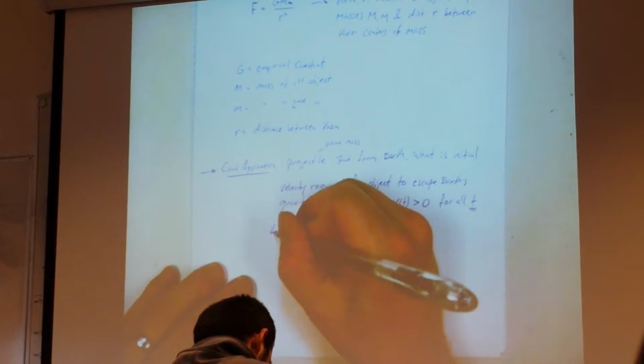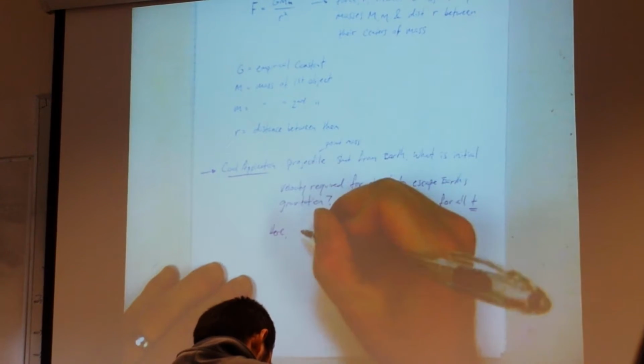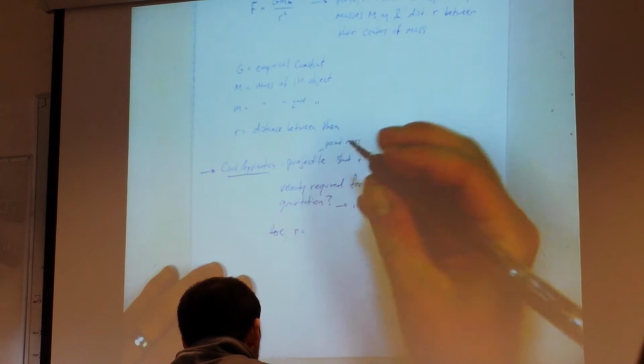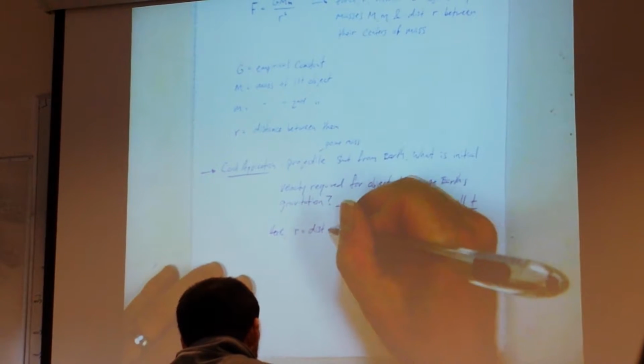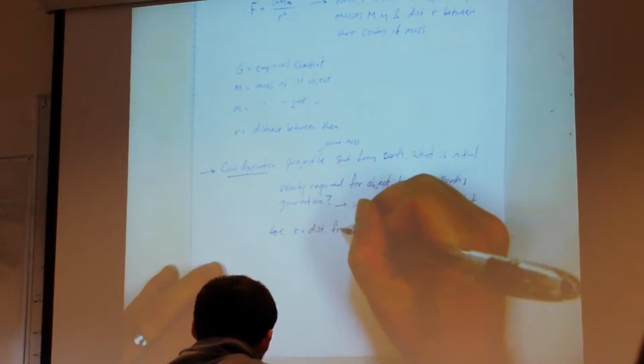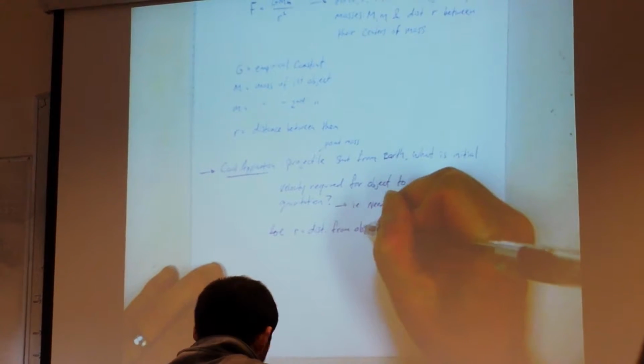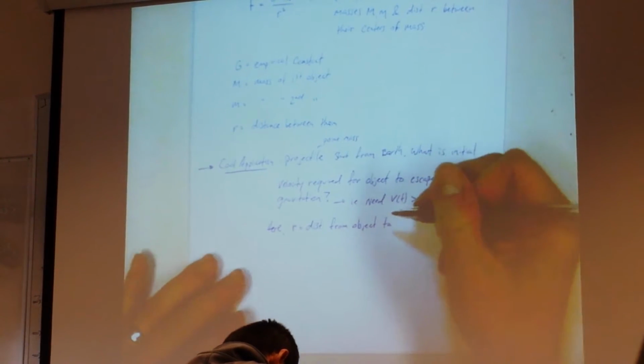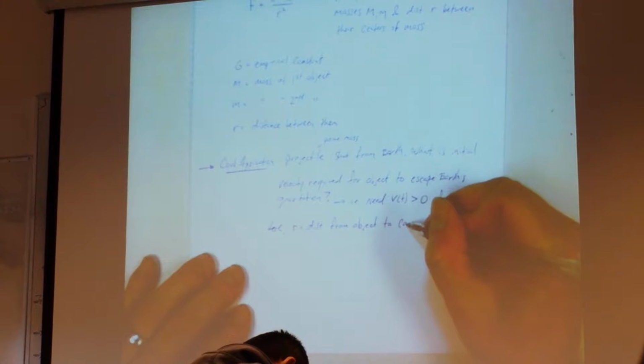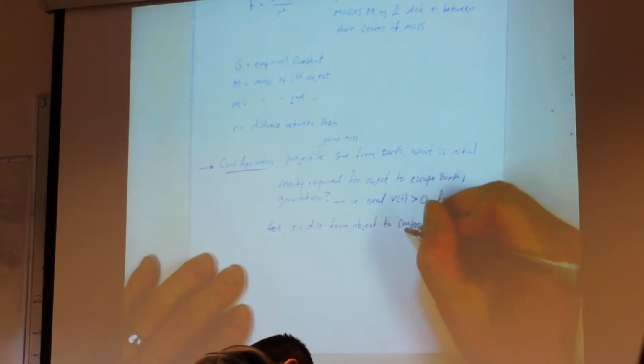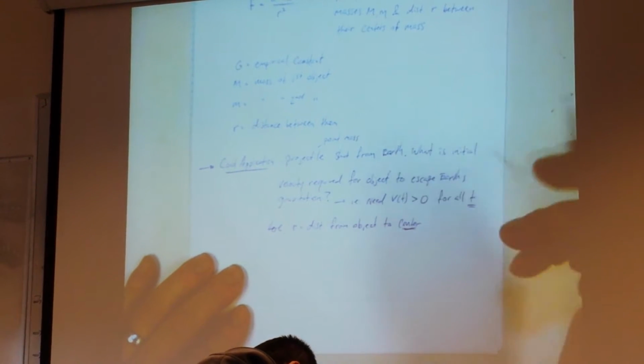So here in this case, little r would just be the distance from the object to the center of the Earth. So not just to the Earth's surface, but to the center of gravity.